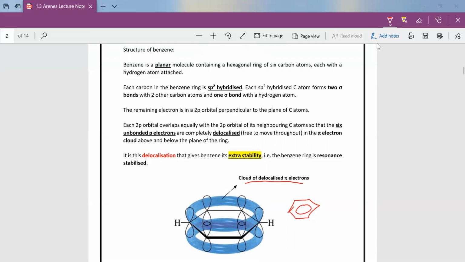I think you would have known what hybridization is after the intro to organic chem. Each sp2 hybridized C atom forms 2 sigma bonds with 2 other carbons and 1 sigma bond with a hydrogen. So it means that each C is bonded to 2 other C and bonded to a H.